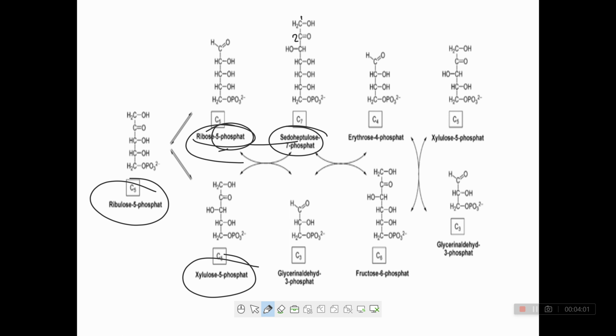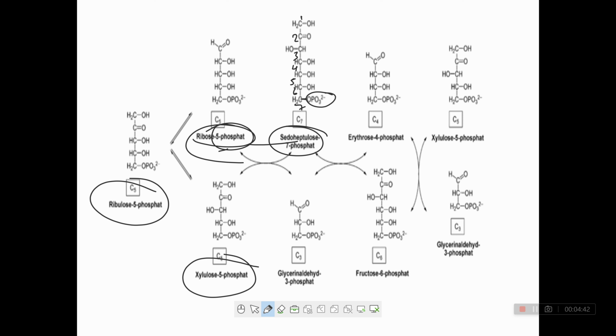So from here 1, 2, 3, 4, 5, 6, 7, and the phosphate group is attached to this 7th carbon, so the nomenclature of this molecule is sedoheptulose 7-phosphate. Okay, clear? So ribulose 5-phosphate is converted into ribose 5-phosphate and xylulose 5-phosphate. After that, they are converted into sedoheptulose 7-phosphate and glyceraldehyde 3-phosphate.